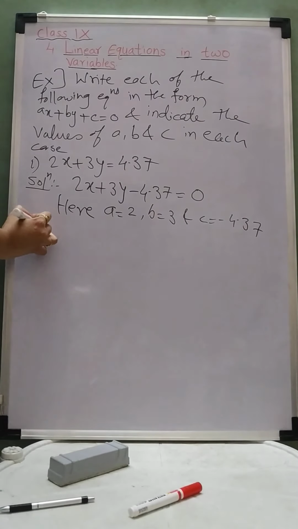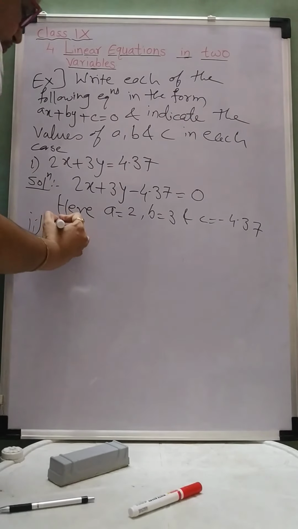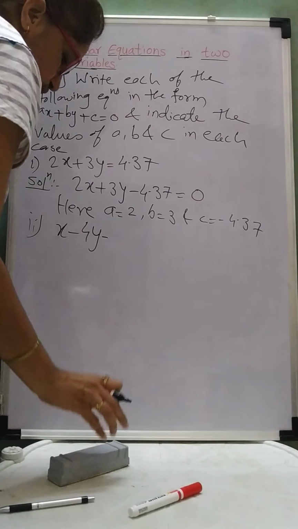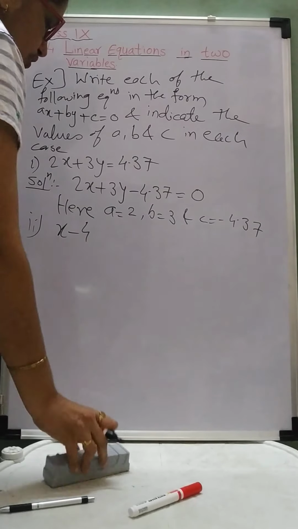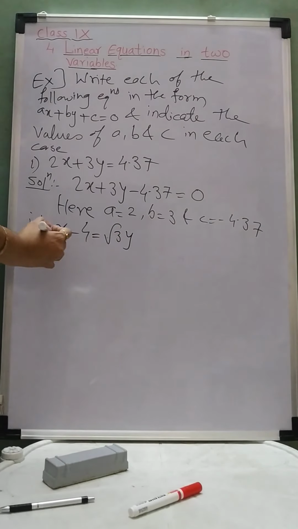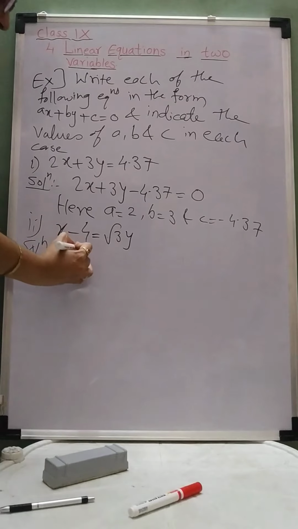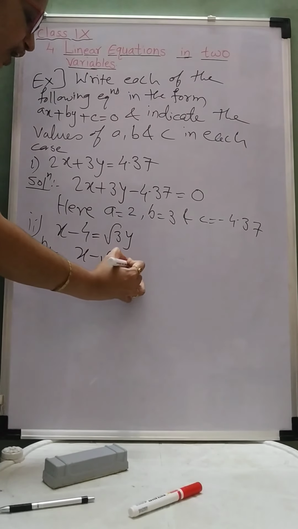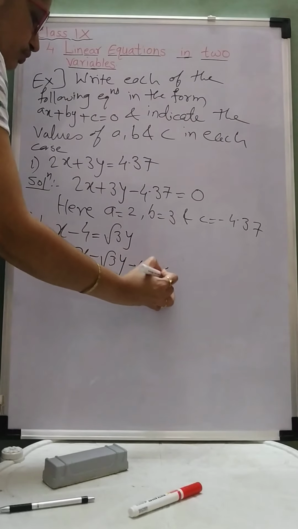The second case is x minus 4 is equal to root 3y. So how will you write this into the standard form? It will be x minus root 3y minus 4 is equal to 0.